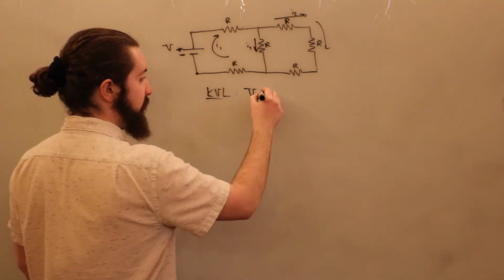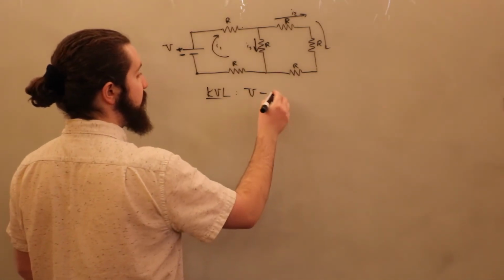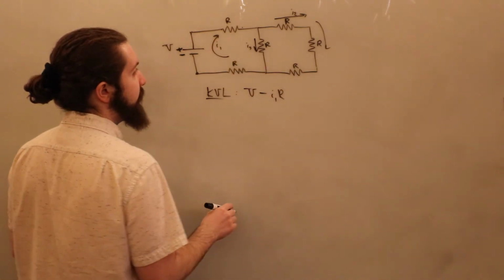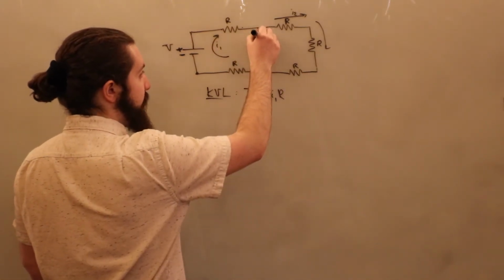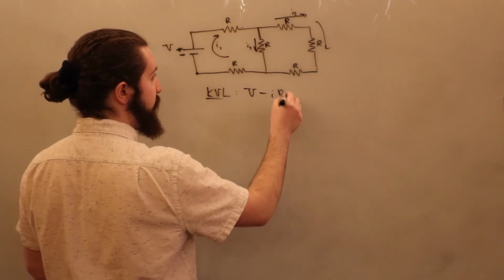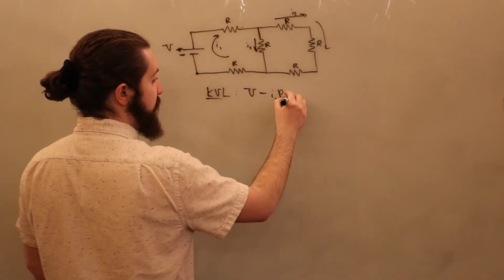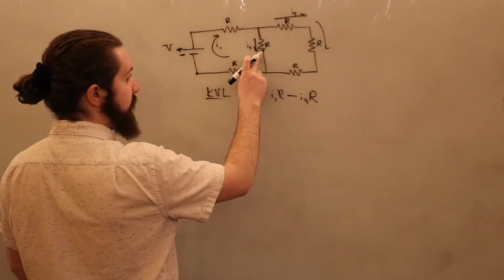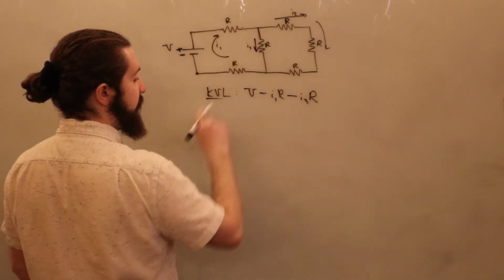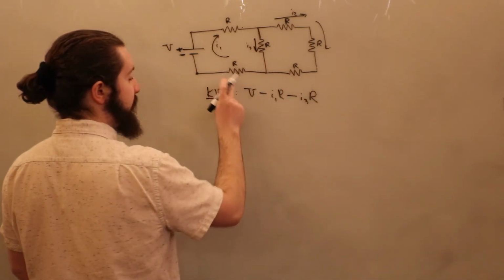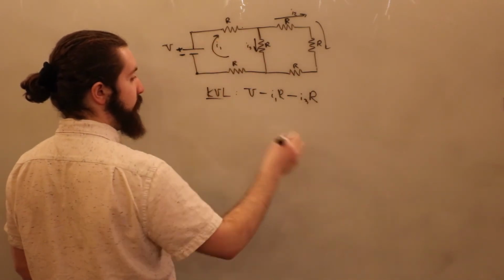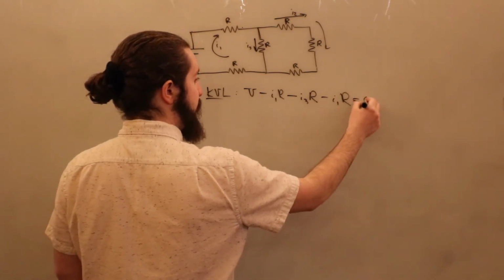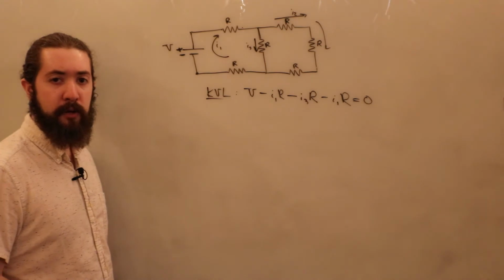Well, if we use Ohm's law, we know that V equals IR, so it's going to be I1 times R. All right. Then we're going to go down through here. Same thing's going to happen. We're going to go across another resistor. So the voltage is going to drop by, this time, I3R. You see a different current there in that branch. And then we're going to go across this last resistor, which is part of branch 1 again. So minus I1R again is equal to 0.